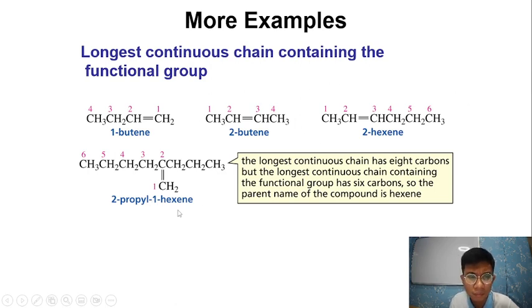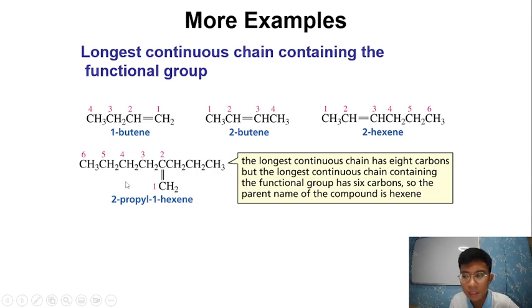So ibang usapan na kapag meron ka na ng substituent. So again, you should find the longest chain, give the lower number dun sa double bond, and pag-establish yung number ay mabibigyan mo naman ng number yung substituent at kung ano yung substituent. Okay?